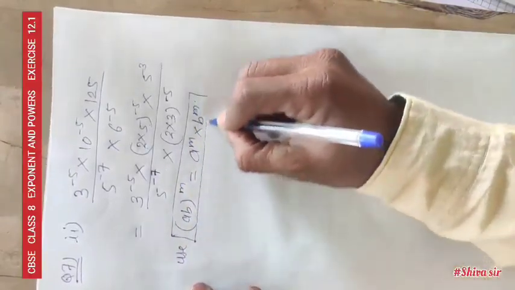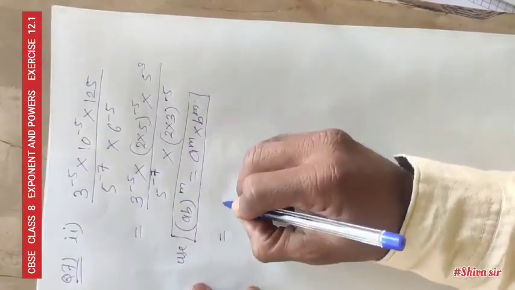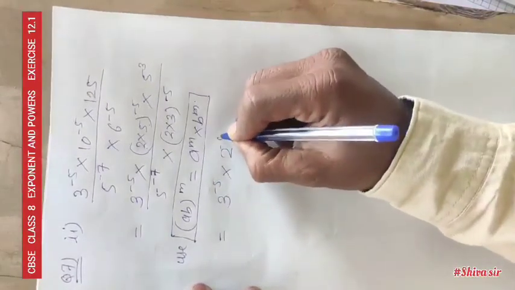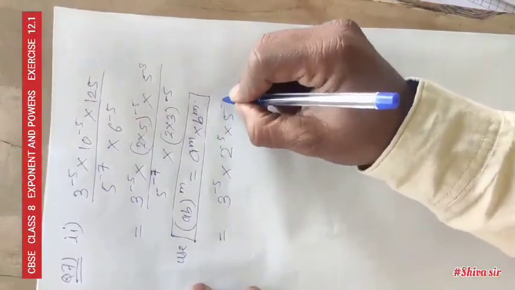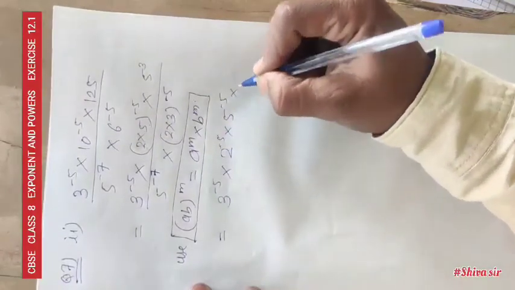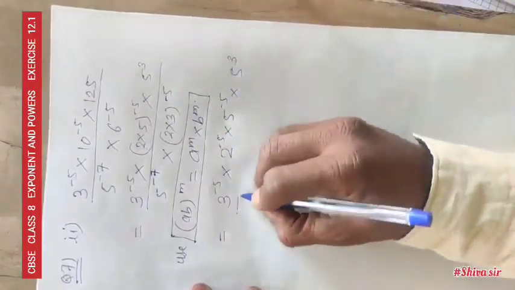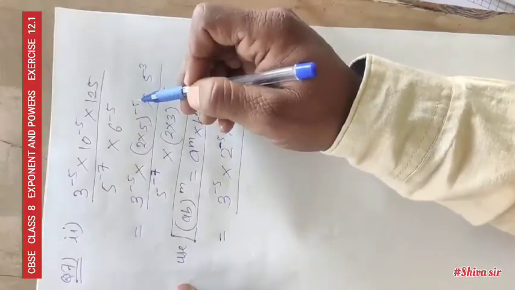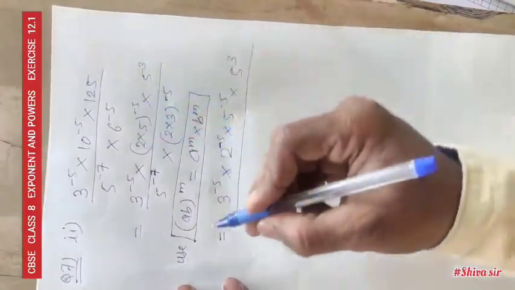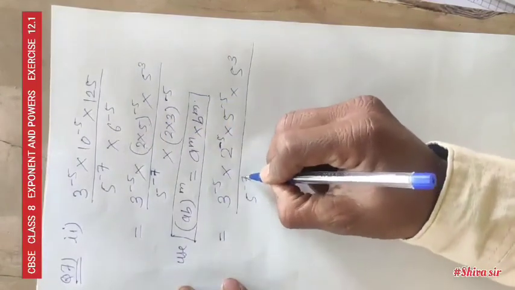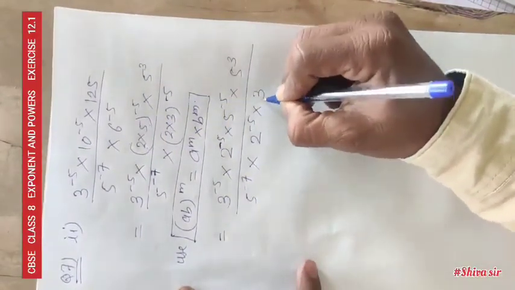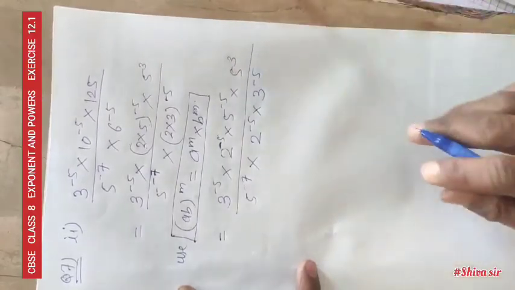Using this law, we elaborate the step as 3 raised to the power minus 5 into 2 raised to the power minus 5 into 5 raised to the power minus 5 into 5 raised to the power 3. So we simply distribute the exponent minus 5 to both the terms 2 and 5, upon 5 raised to the power minus 7 into 2 raised to the power minus 5 into 3 raised to the power minus 5.